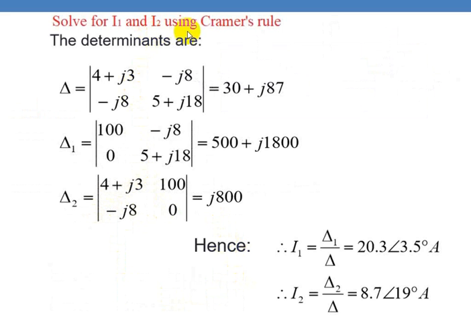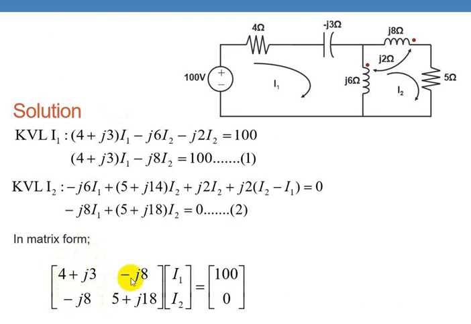Then solve for I1, I2 using Cramer's rule, that is the determinant method. So you find delta. Delta is nothing but the determinant of this matrix. Then find del 1. Del 1 is nothing but remove these two elements and replace with these two elements, and find the determinant of that matrix.